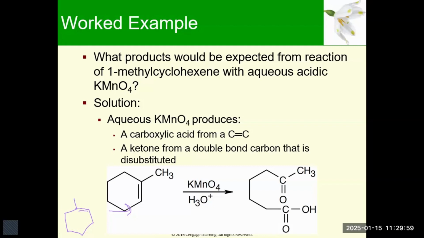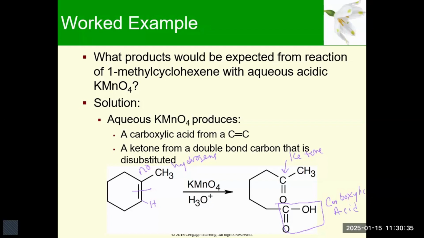And since there's no terminal alkene, what's going to happen is simply this is going to cleave. Now the side that has no hydrogens is going to be a ketone. However, this side has one hydrogen on it, and so it's going to oxidize and form a carboxylic acid.